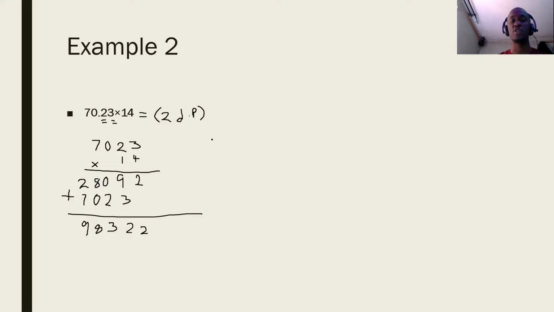How many decimals did we remove, class? We removed 2 decimal points. Tulitoa 2. Kwa hivyo tunaenda kurudisha decimal ngapi? Tunaenda kurudisha decimal 2. On your right hand side, that's where you begin from. 1 decimal point, 2 decimal points. So our final answer is 983.22.